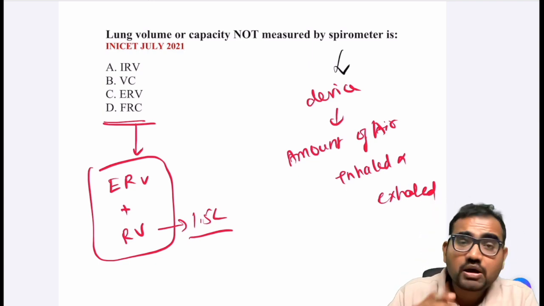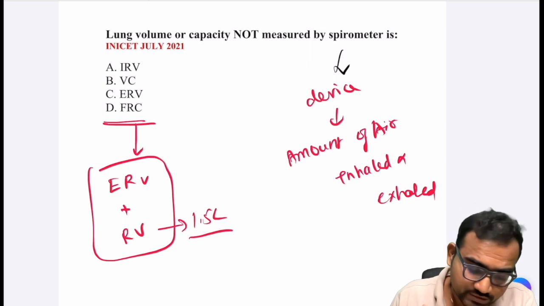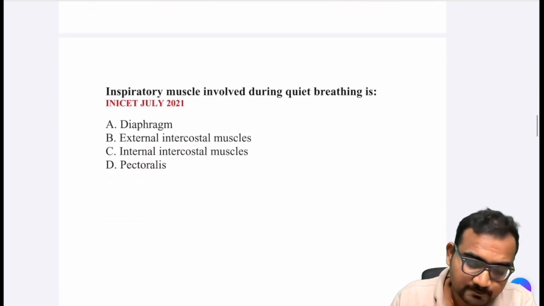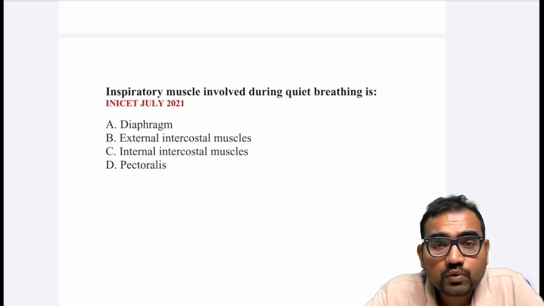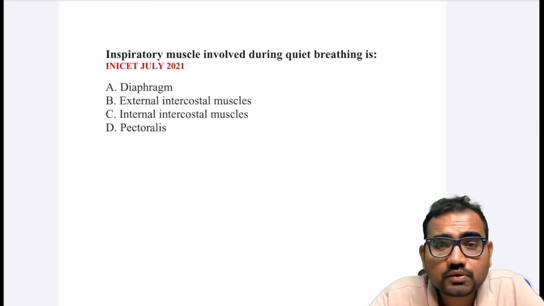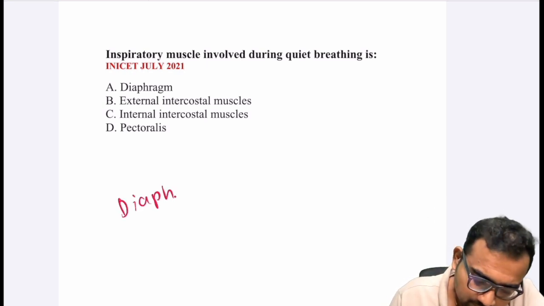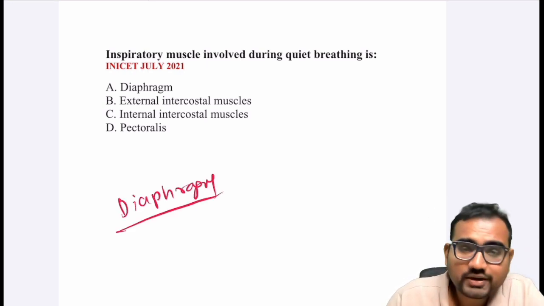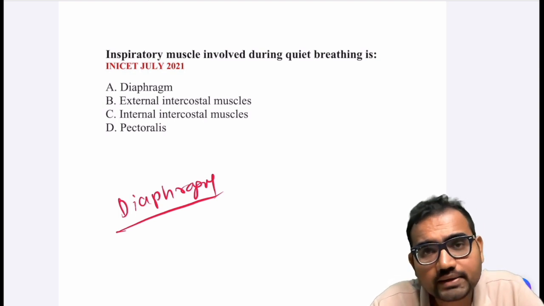Okay, so I talked about what the lung capacities and volumes are. You can also watch that in the previous videos. Now, inspiratory muscle involved during quiet breathing. See, in normal breathing, only one muscle is involved: the diaphragm. The diaphragm is the only muscle that is involved during quiet breathing.